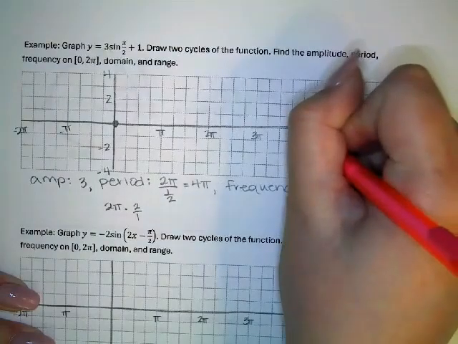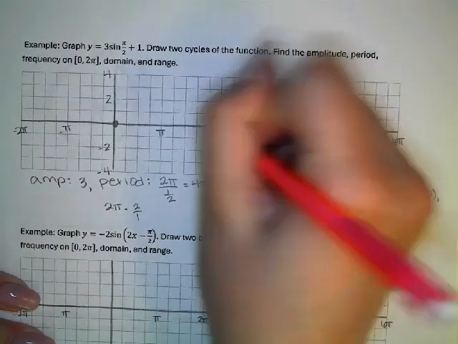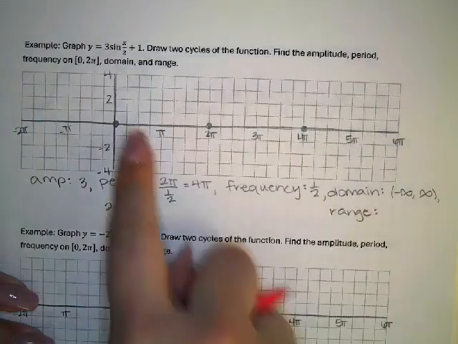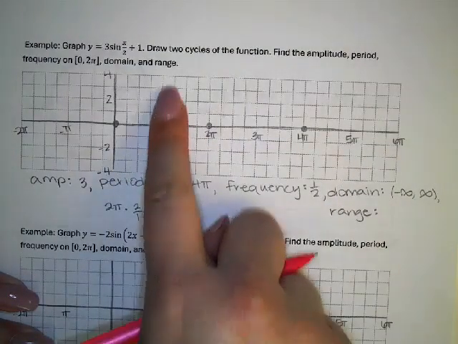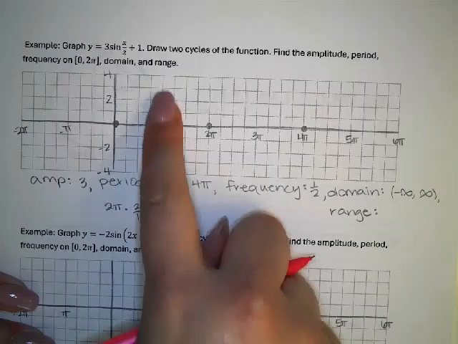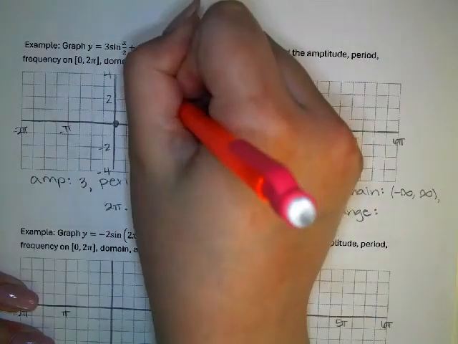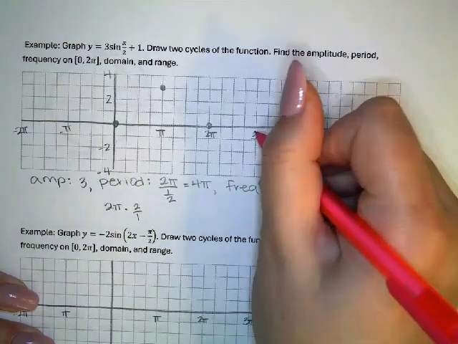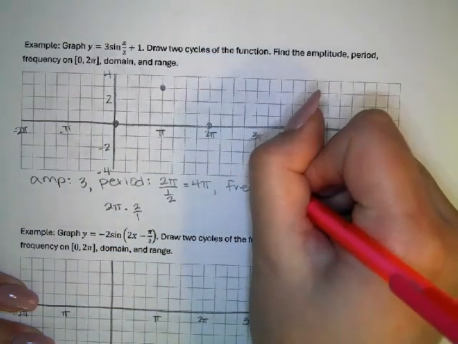Between the first 2 points, I'm going to go up to the amplitude. So normally I'd go up to 1, but in this case I'm going to go up to 3. So go up to the amplitude. Between the second 2 points, I'm going to go down to the amplitude. And so this would be ready to draw, except now I have to take all the points and shift them up 1 unit.